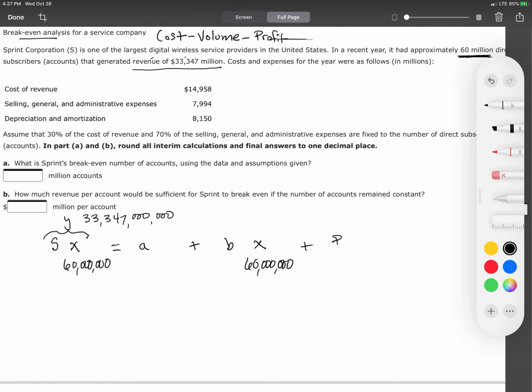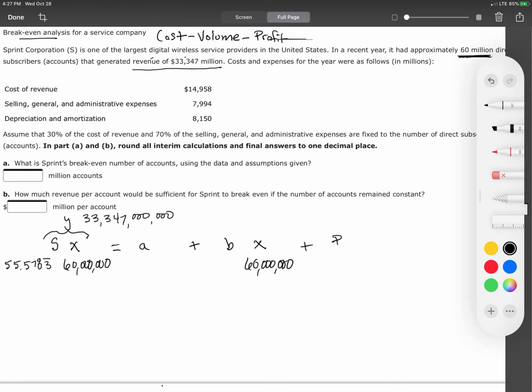So if you take the 33 divided by 60, you'll get the sales price per customer, which is 555,783, repeating. Okay, so this particular exercise is not real clean because nobody sets that as a sales price. But still, I'm demonstrating how to do this generally.